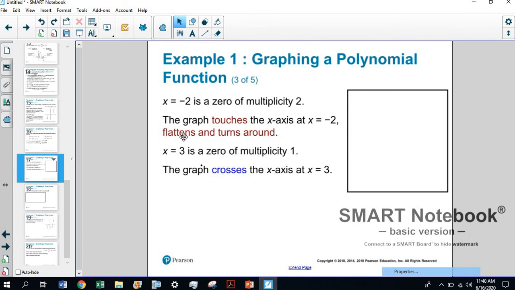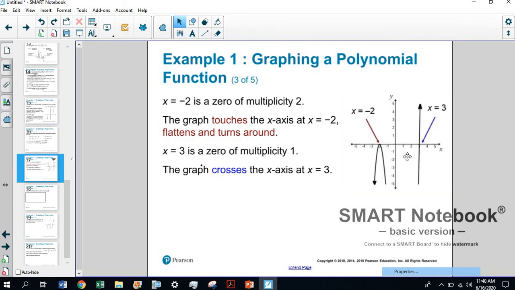The graph touches the x-axis, flattens out a little bit, and turns around. All right. X equals 3 is a 0 of multiplicity 1. It crosses through the x-axis. Okay. So at x equal negative 2, you can see it comes up and turns around. At x equal 3, it goes straight through.